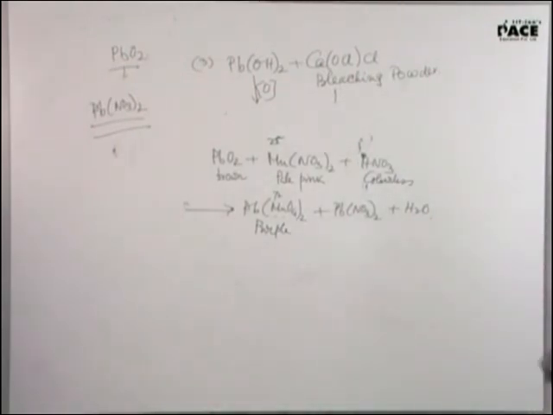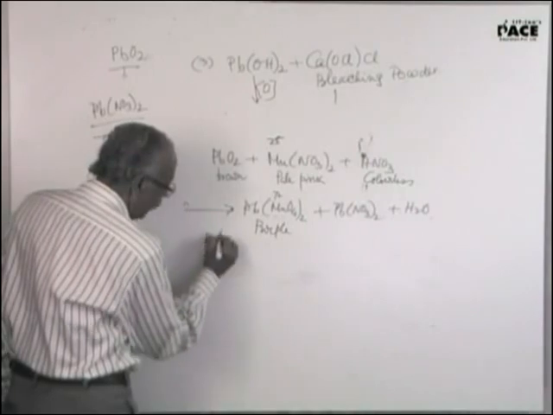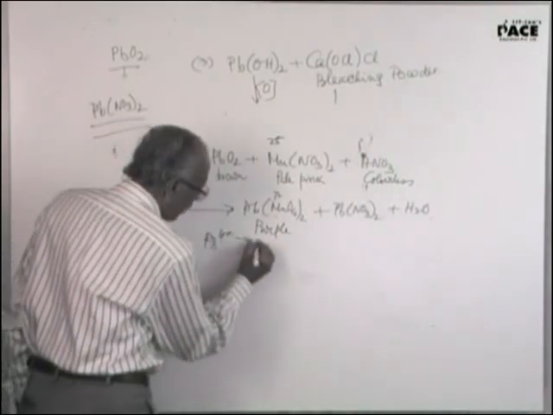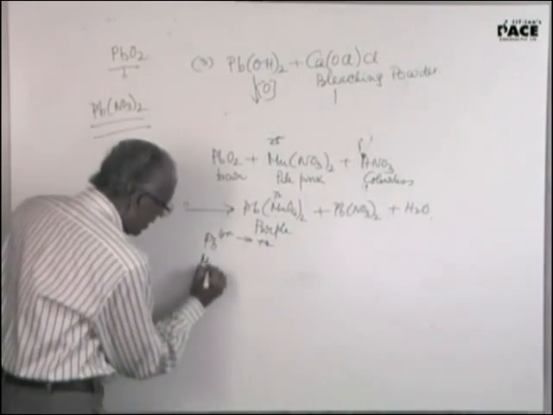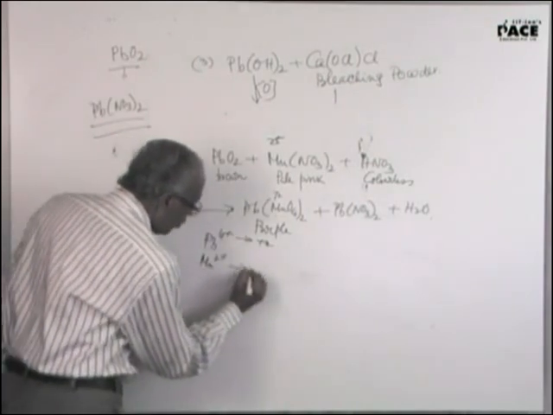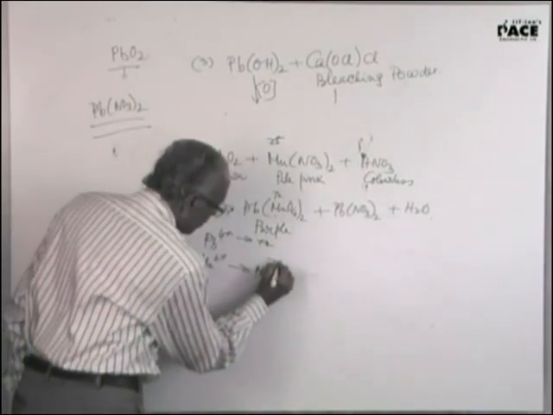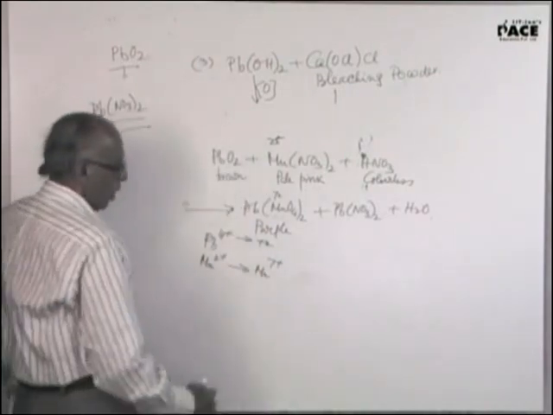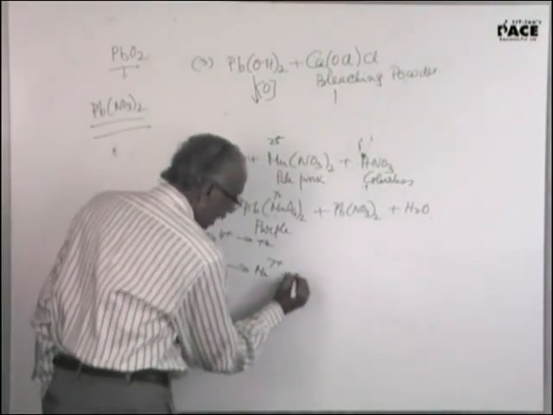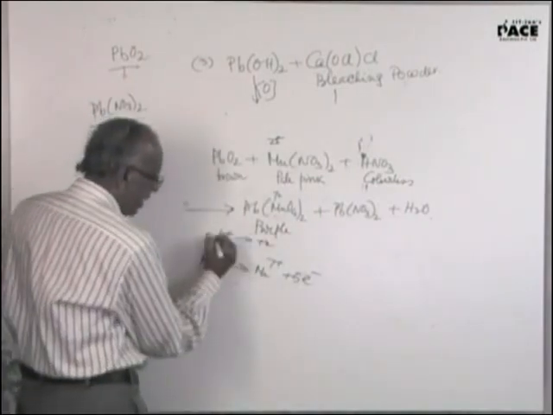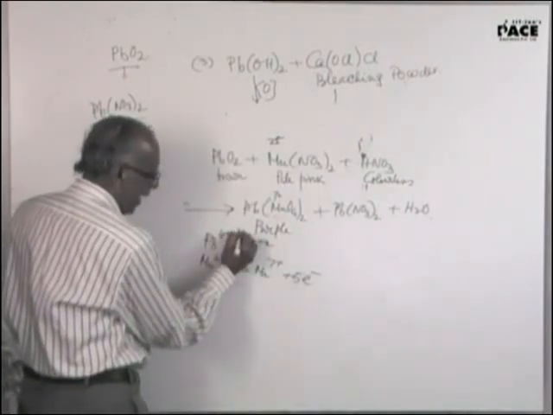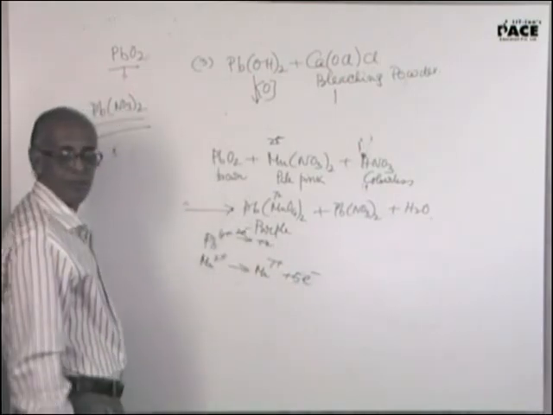So it's a 5 electron change. For lead, it is a 2 electron change: lead 4 plus going to lead 2 plus. Manganese 2 plus going to manganese 7 plus releases 5 electrons. And lead 4 plus to lead 2 plus accepts 2 electrons.